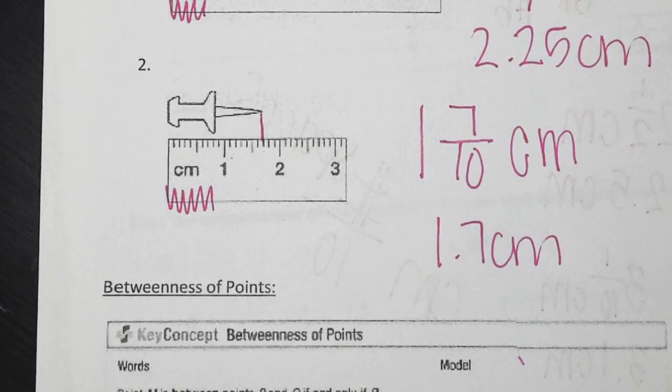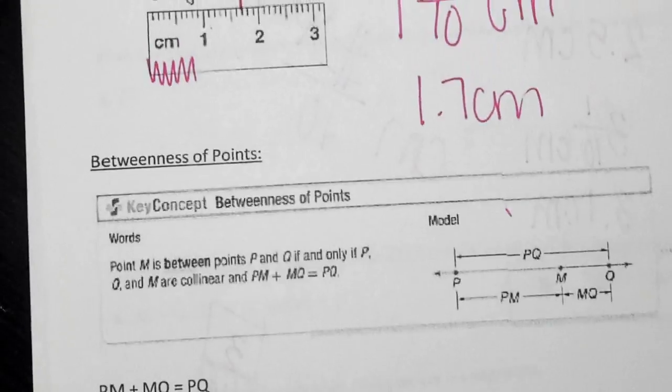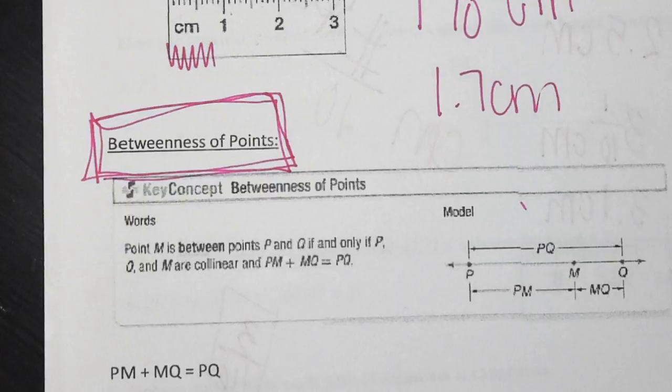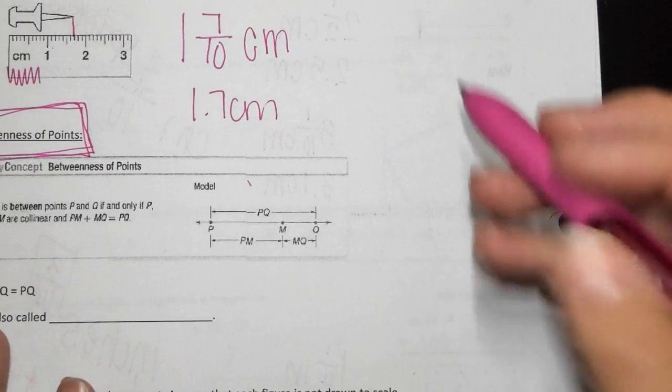All right. The next part gets a little bit more in depth, so it's not always going to be just that part. The next section in our notes is called betweenness of points. It's basically talking about points that are in between each other. So here's what it boils down to. Draw a line.